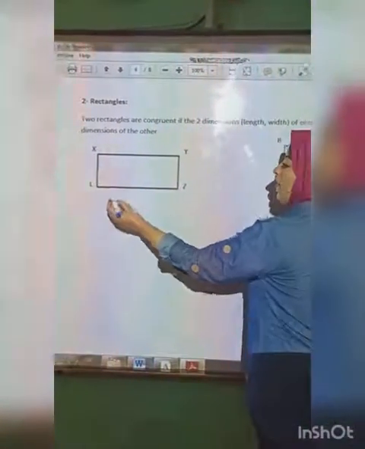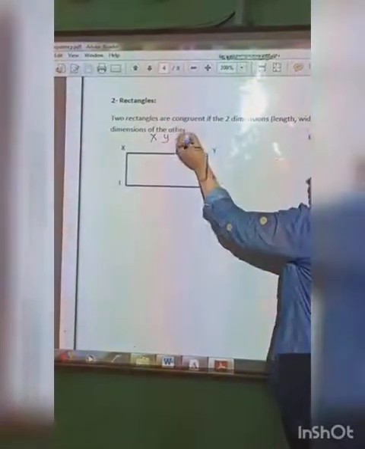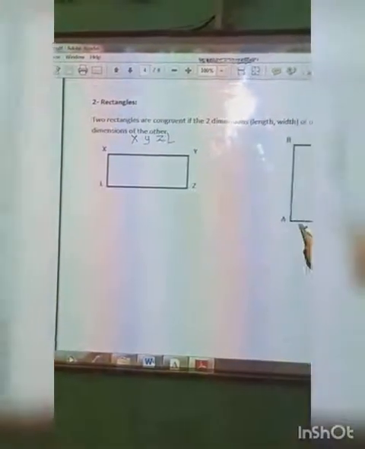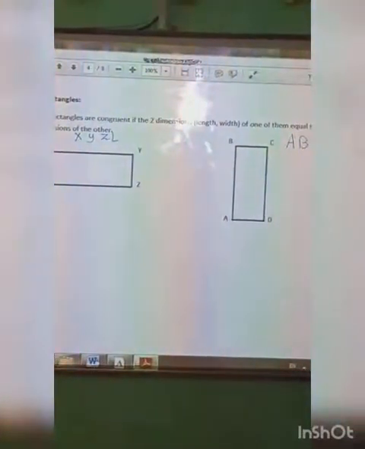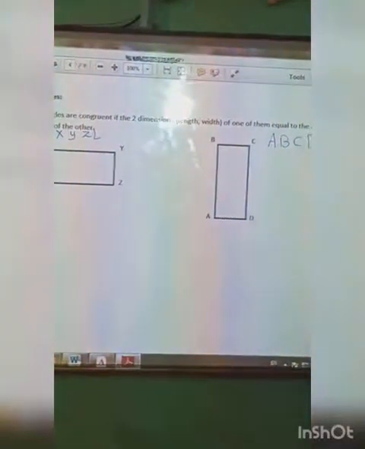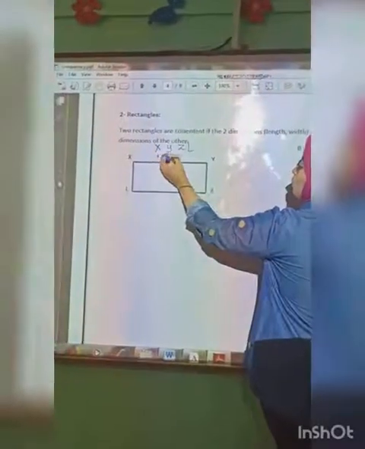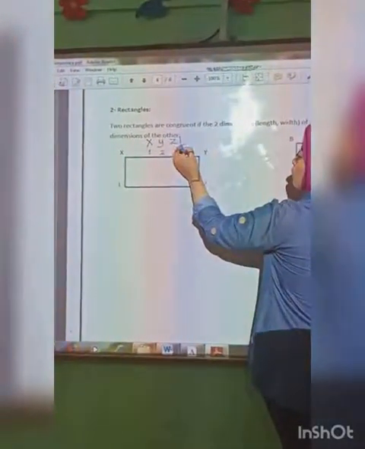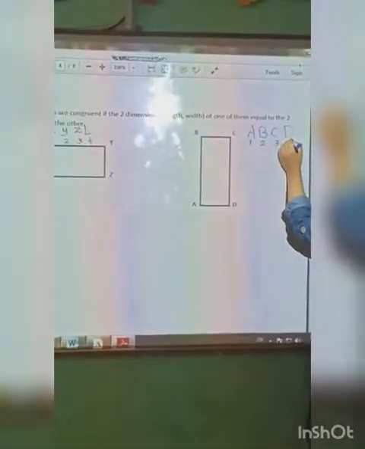I mean, if we have this polygon called X, Y, Z, L, and this polygon called A, B, C, D, we put the numbers on the letters 1, 2, 3, 4. 1, 2, 3, 4.